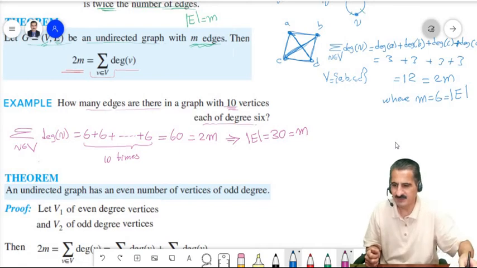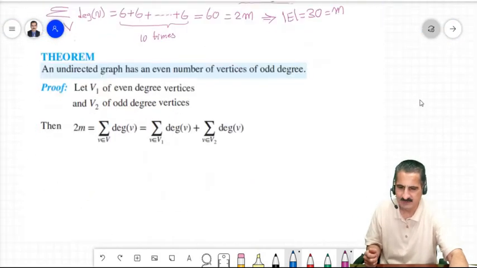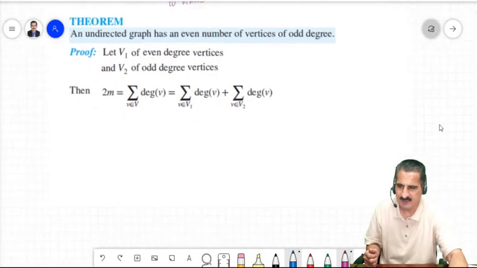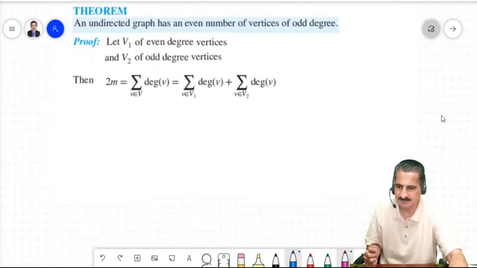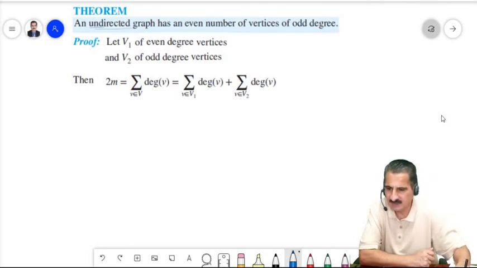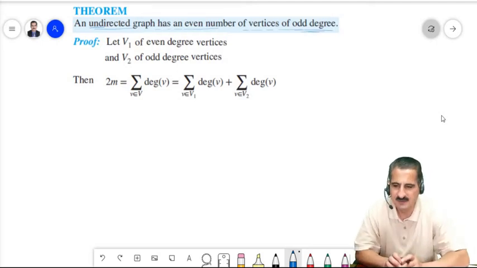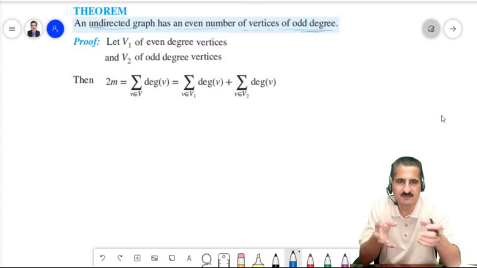So remember this theorem, the very first theorem we see about graphs. Now we have another theorem. It says the following: an undirected graph has an even number of vertices of odd degree. So let's understand what that says. We assume we have a graph with vertices, and each one of these vertices has a degree.